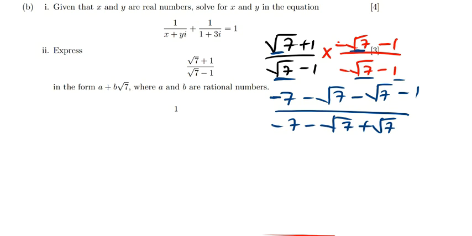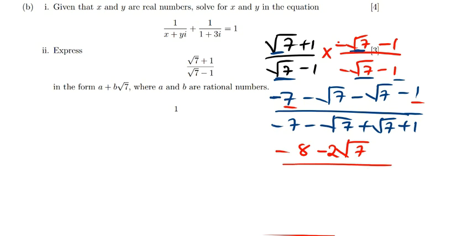Negative 1 times negative 1 is plus 1. So negative 7 and the negative 1 can be added, so it's going to be negative 8. Then negative the square root of 7 minus the square root of 7, I'll end up having negative 2 the square root of 7.